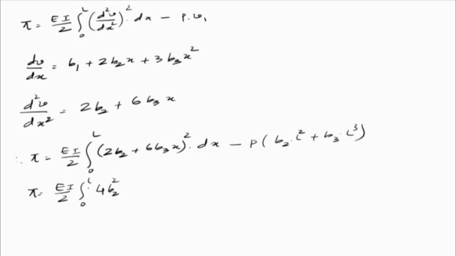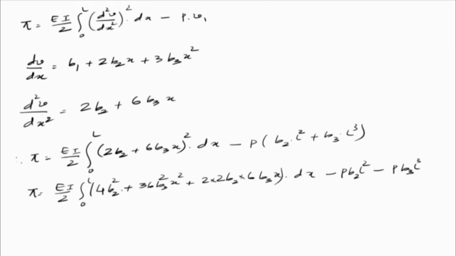Directly I am writing the equation here: 4B2 square as it is, plus 36 B3 square x square, plus 2AB, which is 2 into A into B. This is the expansion of this term with A plus B whole square into dx as it is. Then let us take this P inside the bracket with negative sign. So it is minus P into B2 into L square minus P into B3 into L cube.